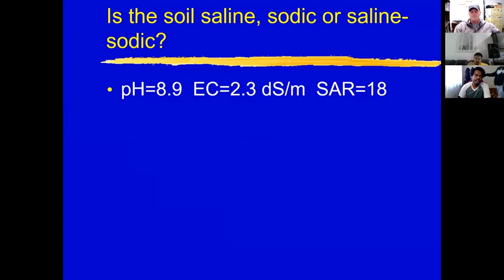I think it'd probably be sodic. Okay, why do you say that? Because it has a greater pH than 8.3, and the SAR is greater than 13. Yep, and our EC is 2.3, so that's less than 4. So we can confidently say this is a sodic soil.